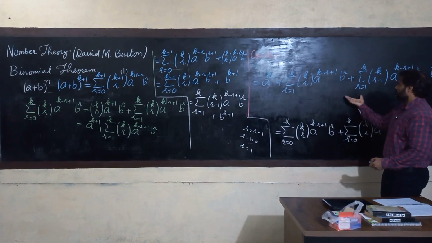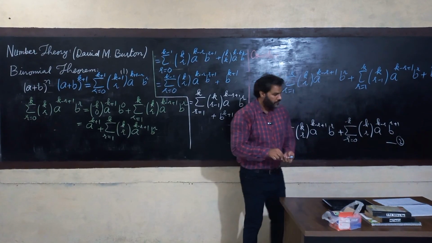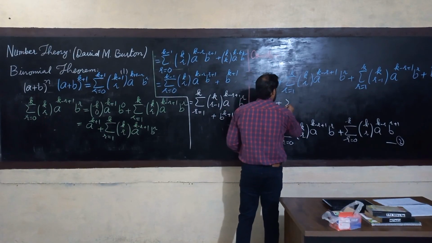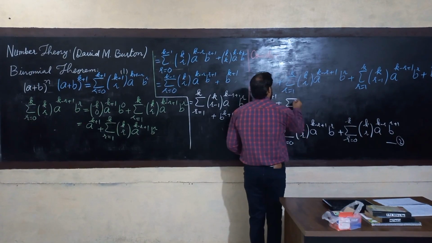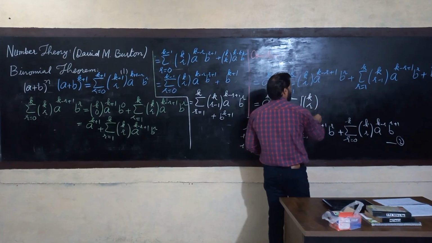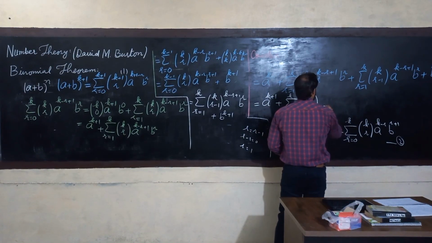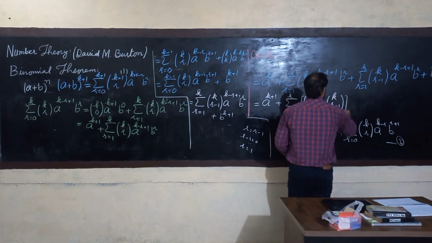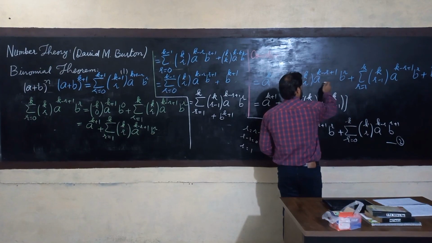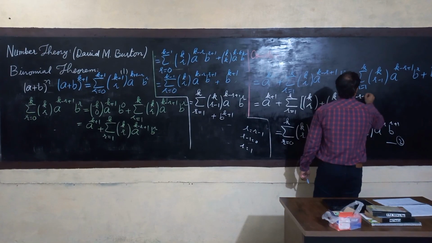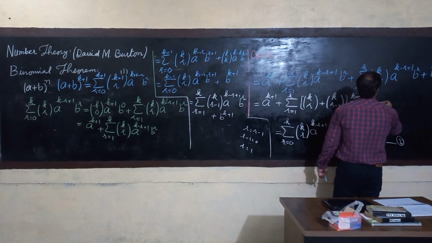So by combining these two sums, we can write a raised to power k plus 1 plus summation r is equal to 1 to k, k choose r plus k choose r minus 1, and by taking common these two terms, which are the same in both summations, a raised to power k minus r plus 1 and b raised to power r, and the last term is b raised to power k plus 1.